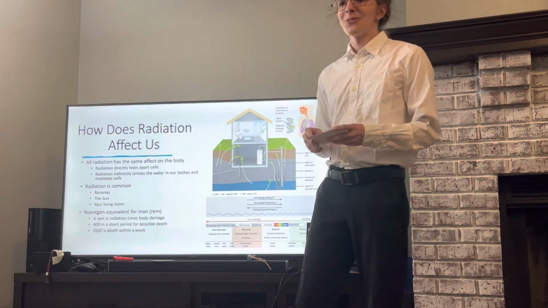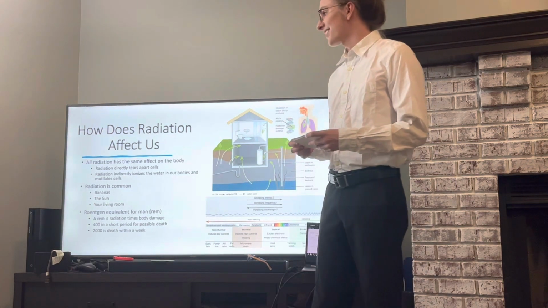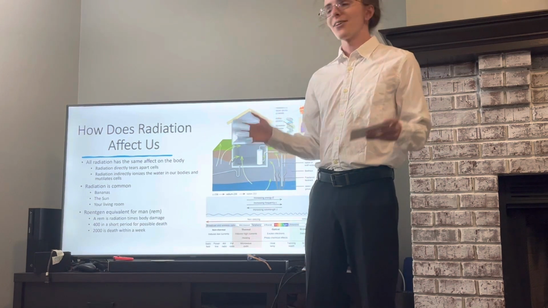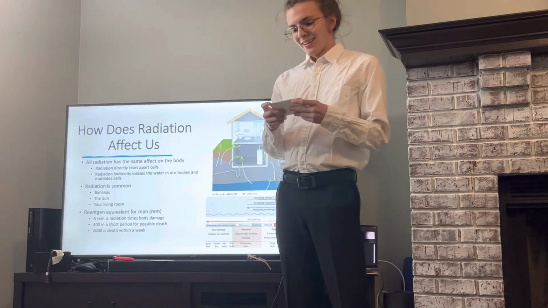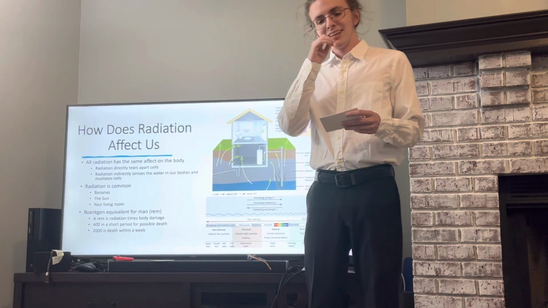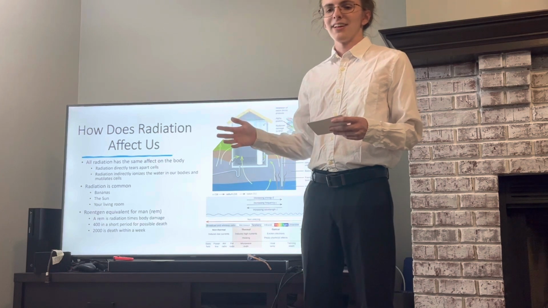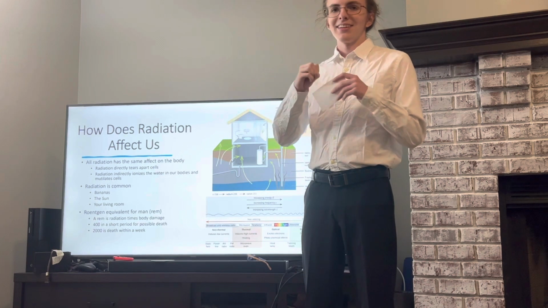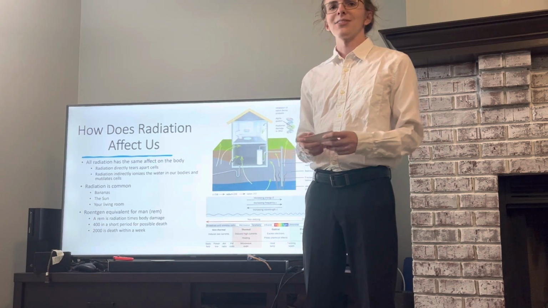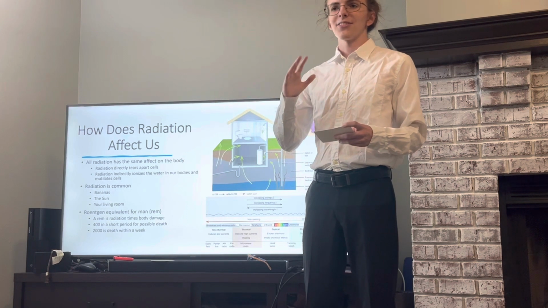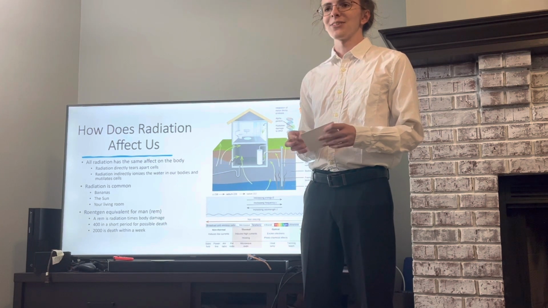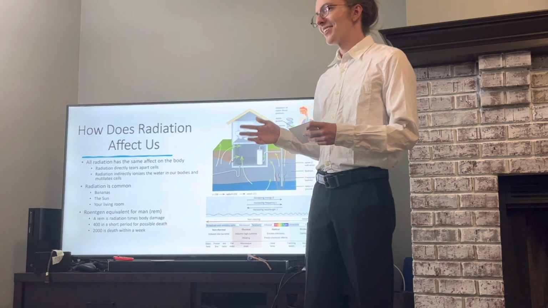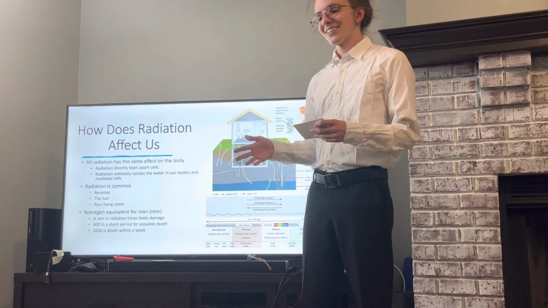This is all good to know, but how does radiation affect us? All radiation affects our body in the same way because it's all ionizing radiation. And ionizing radiation will go into your body, destroy cells, break apart the cells, and indirectly it also ionizes the water molecules in your cells and turns it into hydroxyl radical.